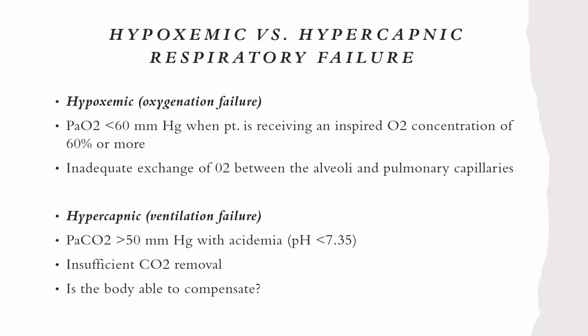So there is insufficient CO2 removal for one reason or another, and we're going to talk about some of those reasons. Also, is the body able to compensate, right? If there's no compensation, we are not able to hyperventilate, and we're holding on to CO2. So we're hypoventilating, meaning that our PaCO2 levels are going to rise, and we're going to become more acidic.